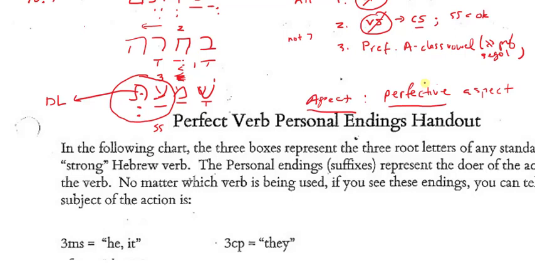Okay? And so many times the perfect conjugation will be translated as if it were just simple past time.